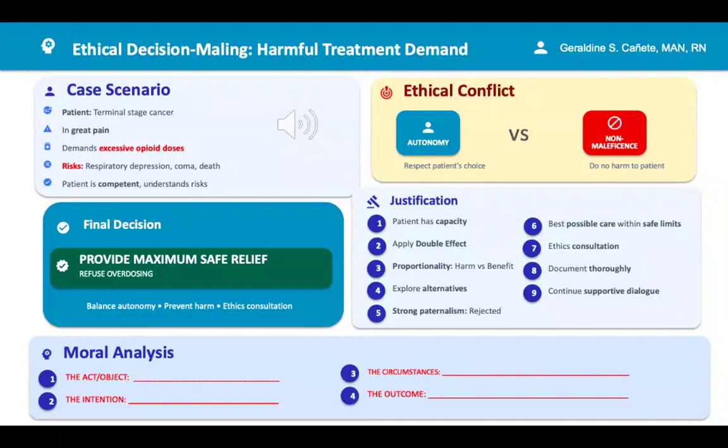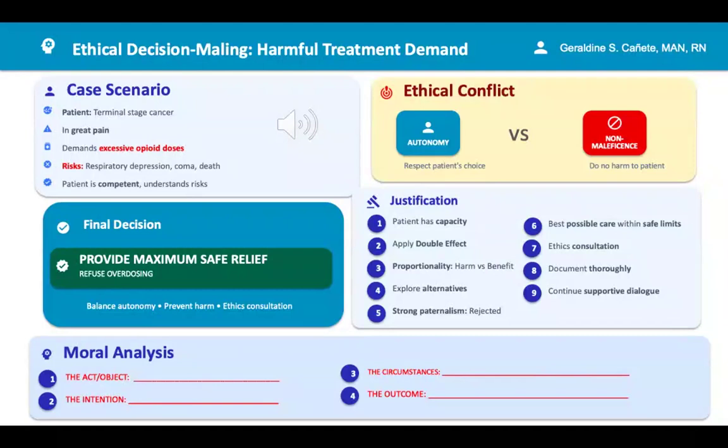So, what are your initial thoughts and feelings about this? What are the key ethical and legal considerations that come to your mind? And what's the ethical conflict in this case? What competing principles are at play?